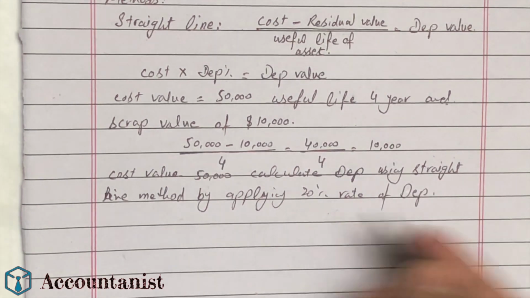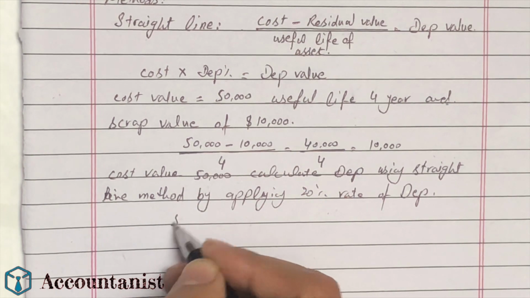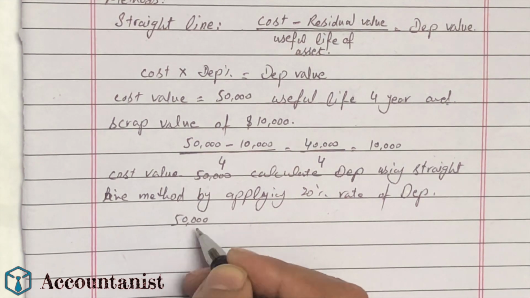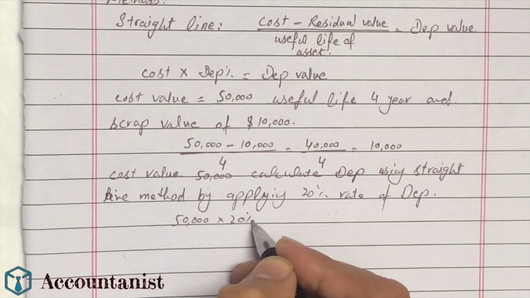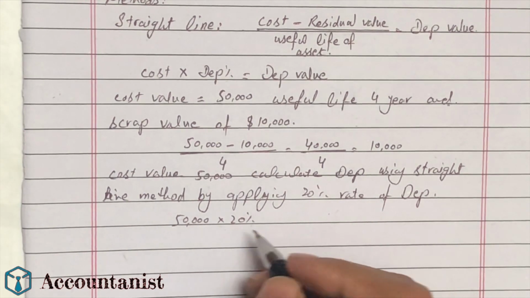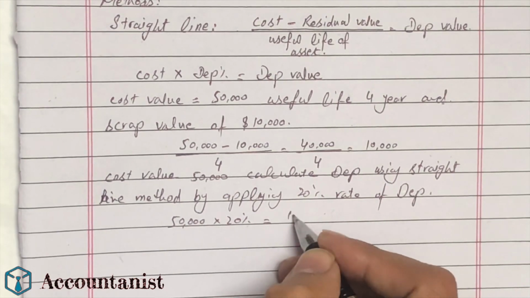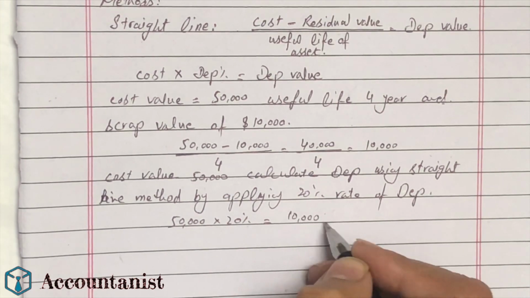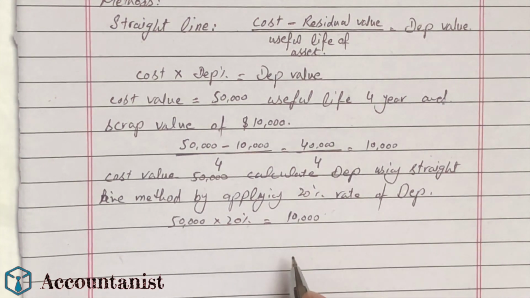So the depreciation will be the cost value of the asset, that is 50,000, multiplied by 20%, that is the rate of depreciation. So we will get the depreciation answer, that will be 10,000. So this is another way of calculating the depreciation.